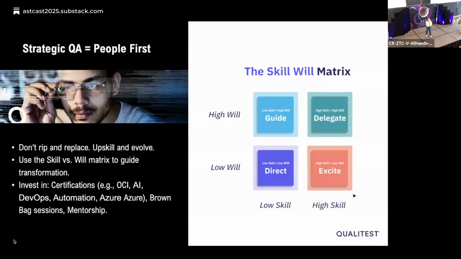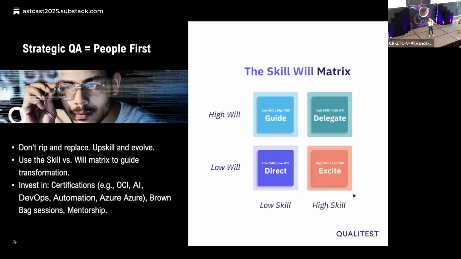The next best, believe it or not, is high will, low skill. Because these people have motivation. These people are going to learn. These people are eager, and they have a great attitude that's going to be good for the company culture. The next best is low will, high skill. You have to figure out how to motivate these people, but at least they have something that the rest of the organization wants.